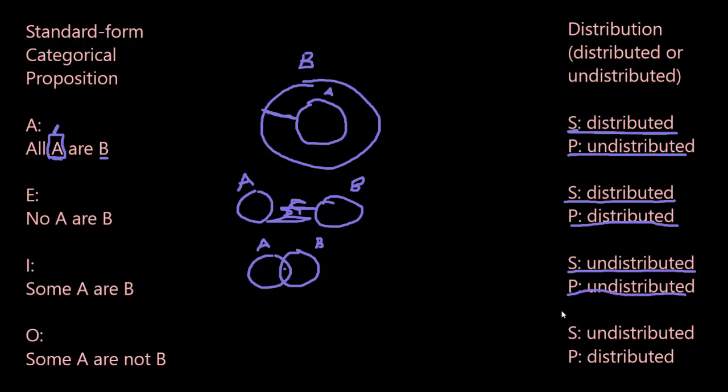So both of our subject term and our predicate term are undistributed in I statements.